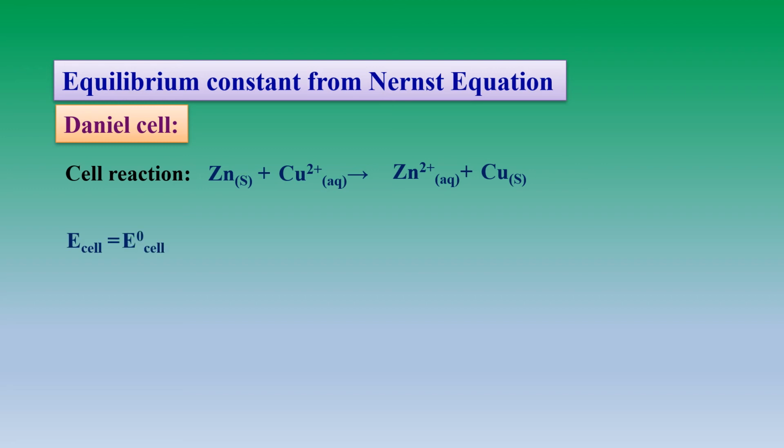We know that E cell is equal to E naught of cell minus 2.303 RT divided by 2F log of Zn2+ divided by Cu2+, because I am taking the n value as 2 since 2 electrons are involved here.